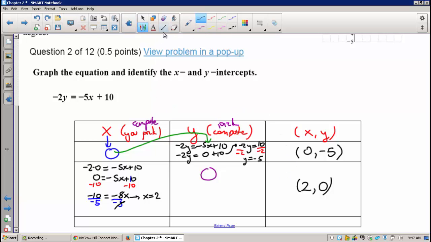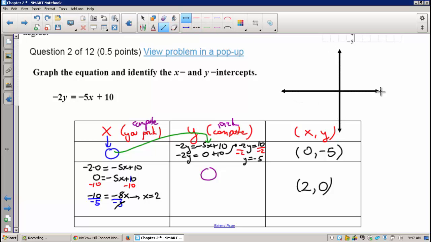You take a graph paper, like this. You make your own if you don't have one, and just find these dots. Plot those 2 points. Alright, where is 0, -5? This is x coordinate.